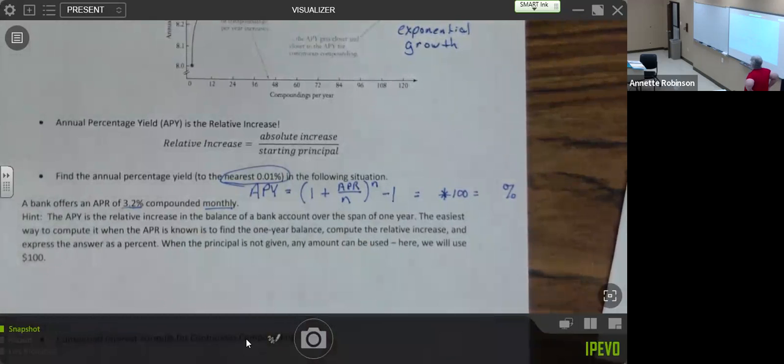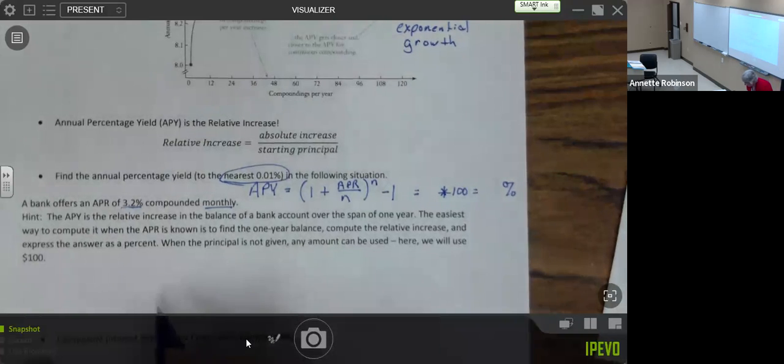This is how they got the formula, by the way. That's not in your textbook or ebook. It's known to find the 1 year balance, compute the relative increase, and express answers in percent. When the principal is not given, any amount can be used. Here we would use 100. So they use that to figure it out. But we're just going to use the formula.